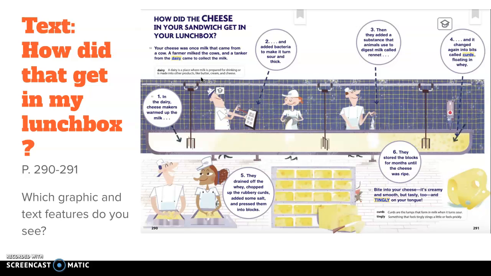As we read today, we're going to be looking at what text and graphic features the author uses, and noticing how they support the central idea.